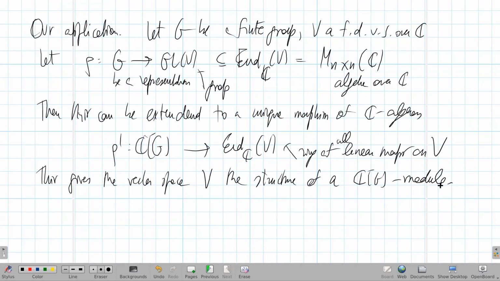Because one way of defining modules, I'll write it down in a second, and it's also a definition I tend to use in higher courses like this for vector spaces.